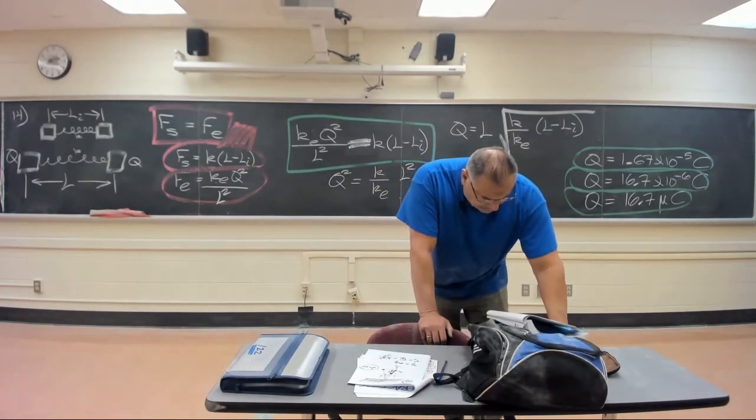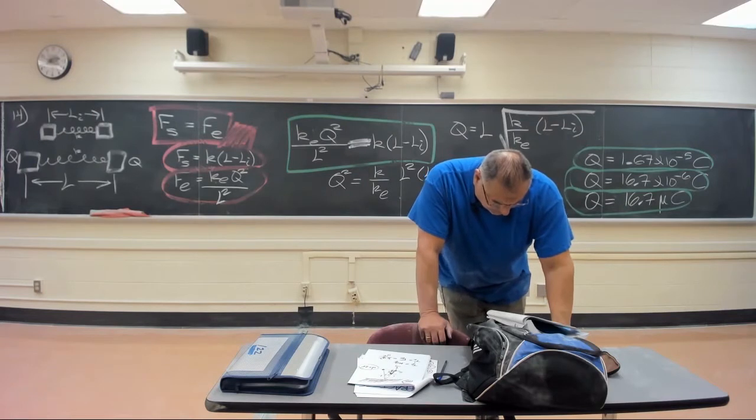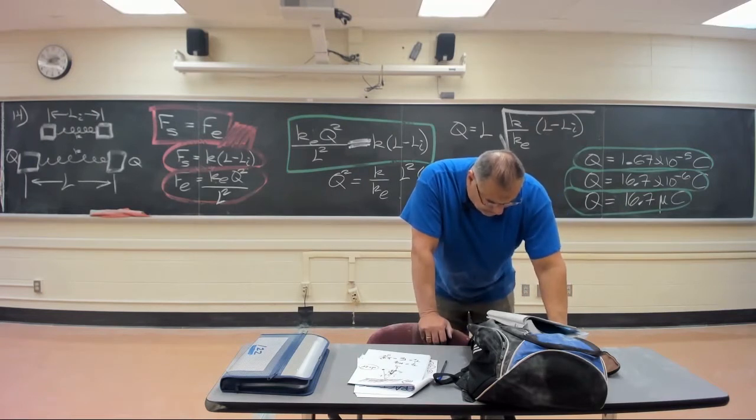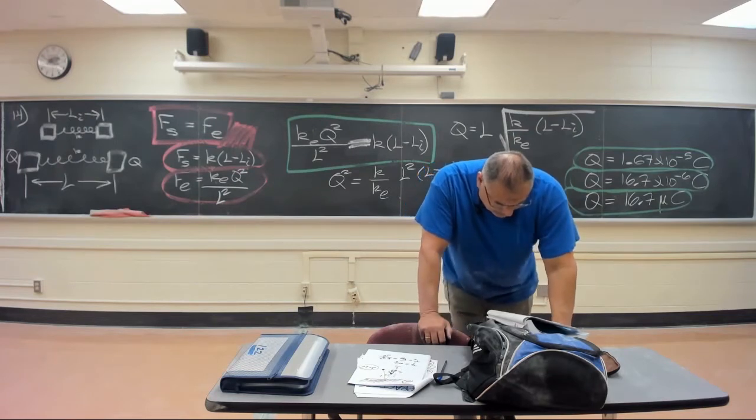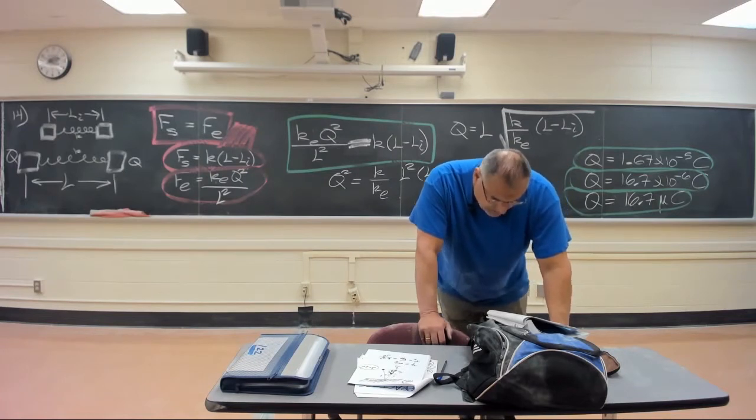Let's go to 15. Two small metallic spheres, each of mass m equals 0.20 grams, are suspended as pendulums by light strings from a common point, as shown. The spheres are given the same electric charge, and it is found that they come to equilibrium when each string is at an angle of theta equals 5 degrees with the vertical.